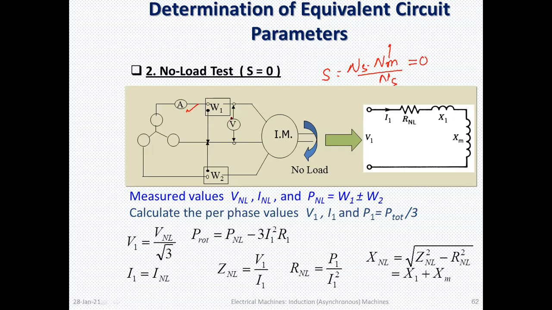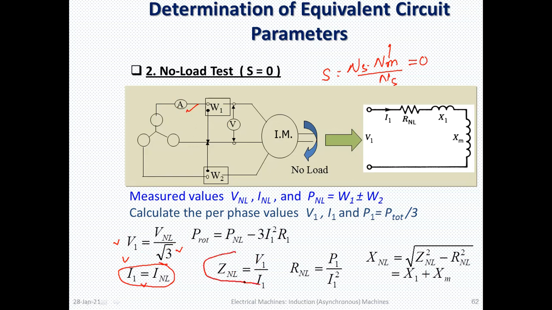In this case, at no load, the voltage per phase will be VNL divided by root 3, and the voltmeter reading is VNL. The current I1 in phase 1 will be the same as the no load current, because it is a star connection. The impedance Z is voltage by current. V1 is known from the voltmeter and I1 is known from the ammeter.